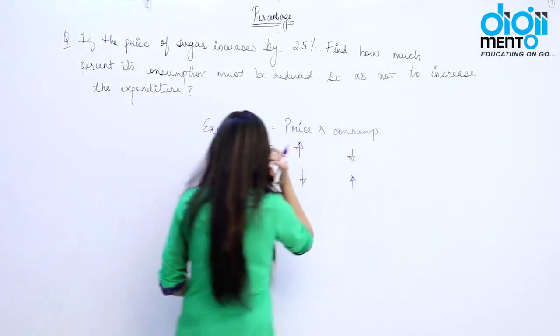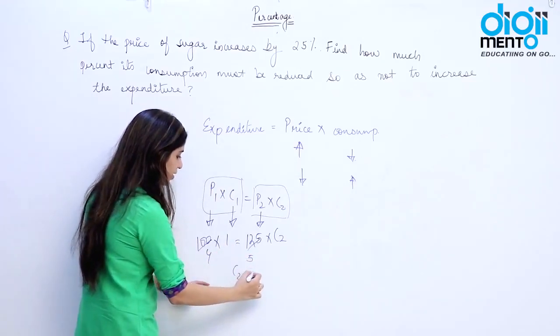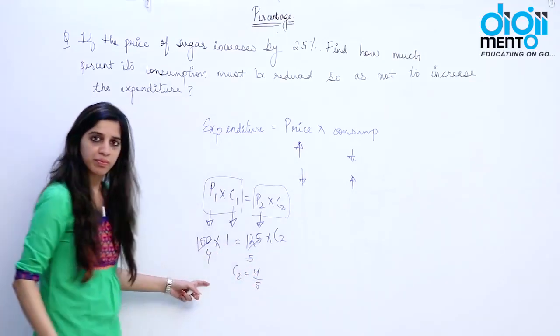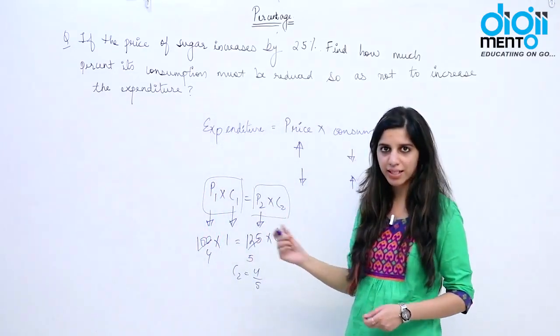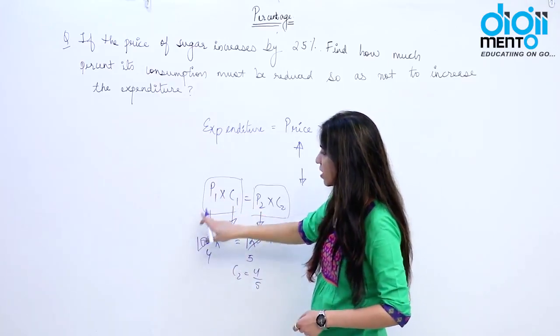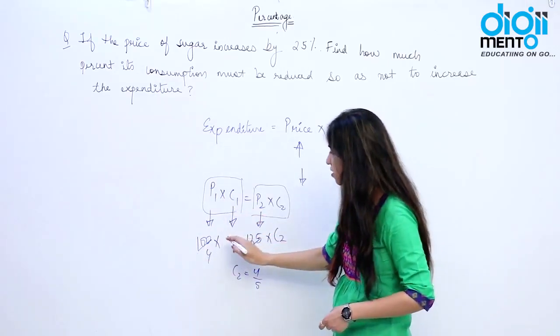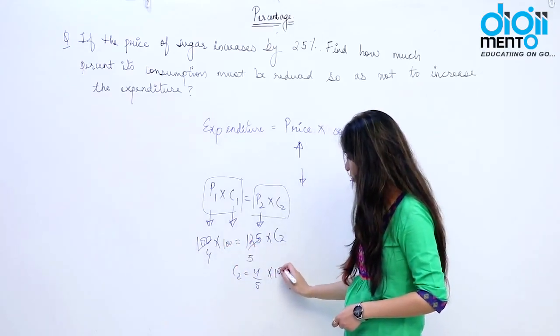So let us see. If you just find out C2 from here, you see that it is 4 by 5. Okay. See, if you want to find this directly in terms of percent, what can you do? You assume initial price to be 100, initial consumption also to be 100. Fine. Now this C2 is going to be 4 by 5 into 100.